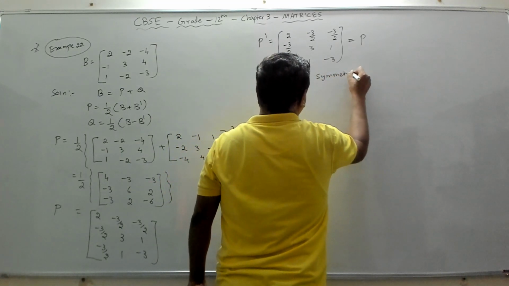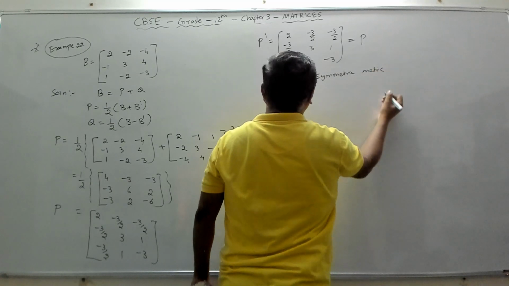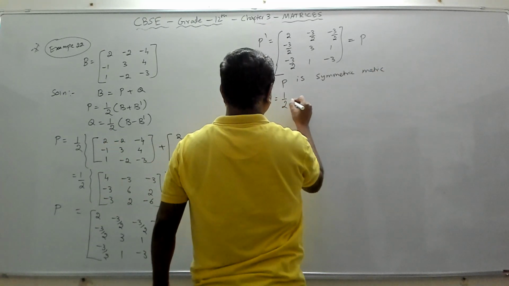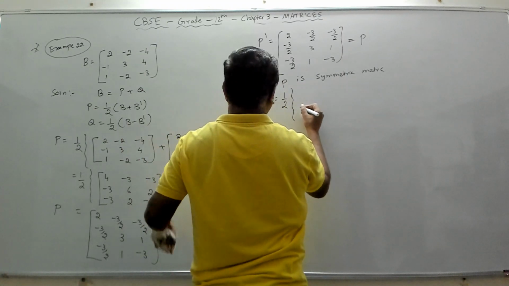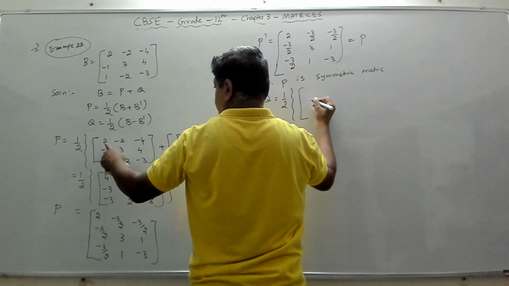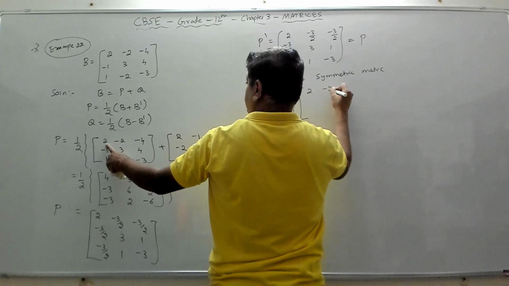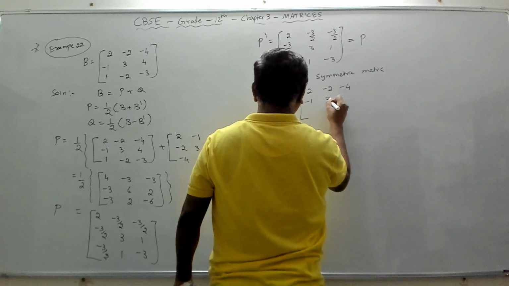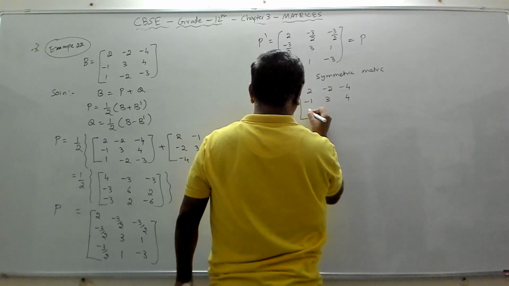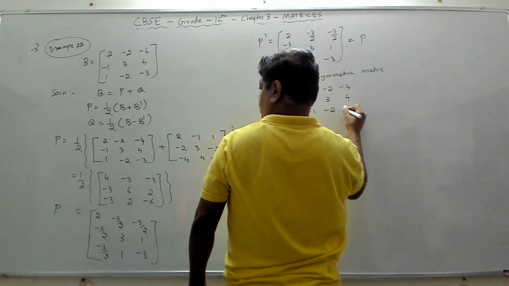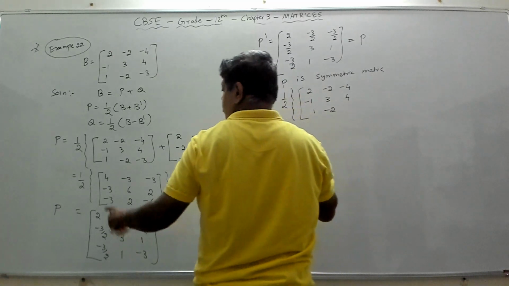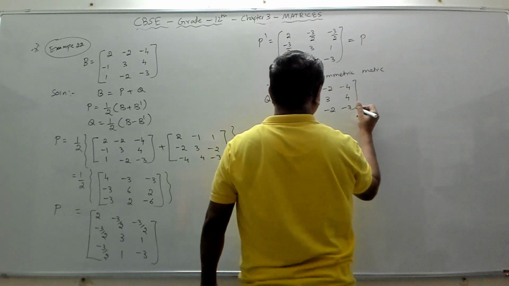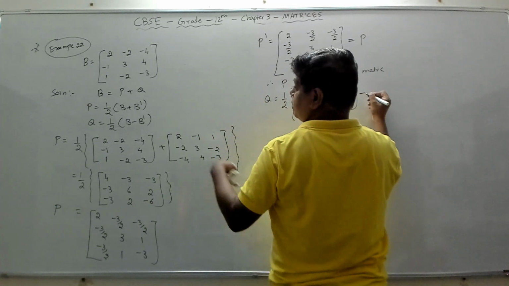Now let's find what is Q. Q is 1 by 2 of B minus B transpose. So what is our B matrix? B matrix is this: [2, -2, -4; -1, 3, 4; 1, -2, -3], minus B transpose.